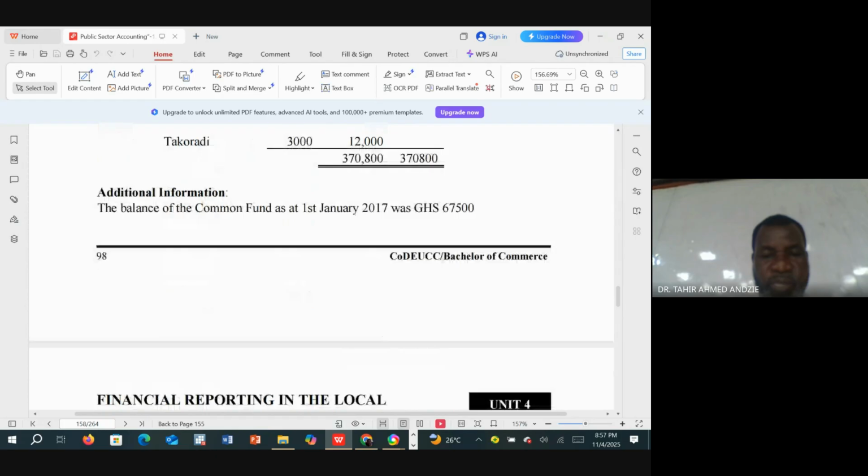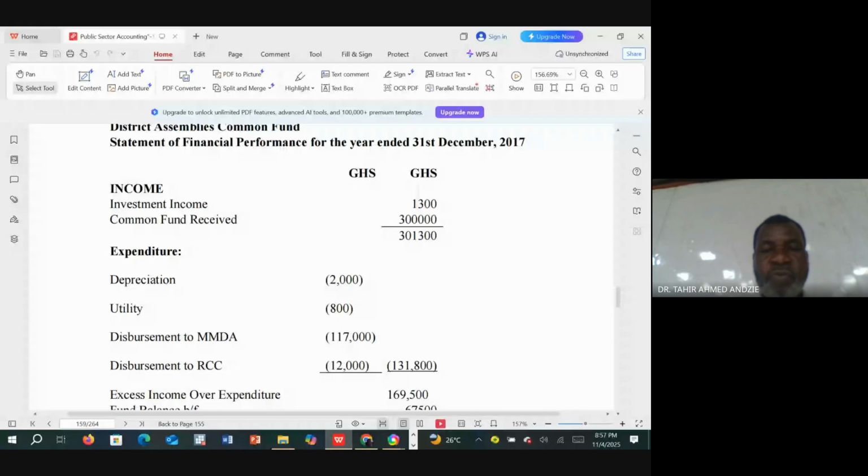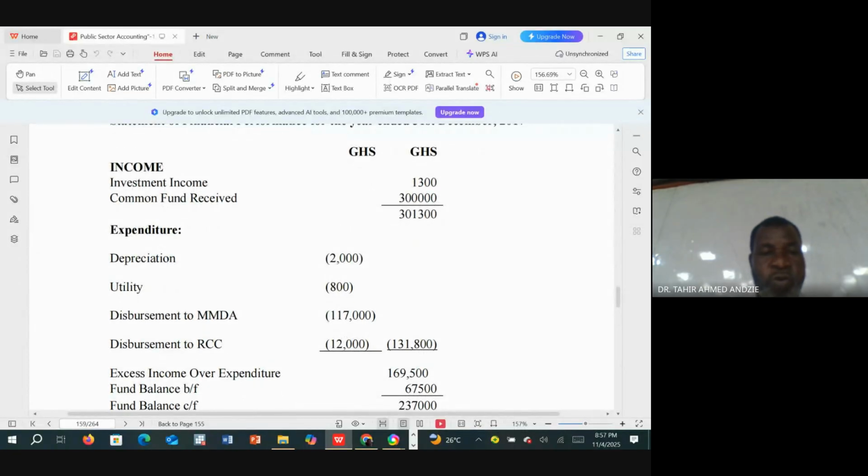So if you are preparing the statement of financial performance, then you are just looking at revenue or income and expenditure. You can say revenue and expenditure as well. So you have the income from investment. Then we have the district assembly common fund received. And I'm telling you how we got the receipt.